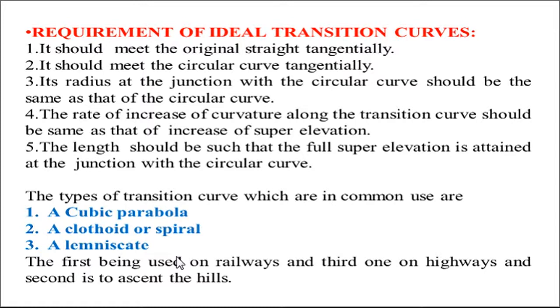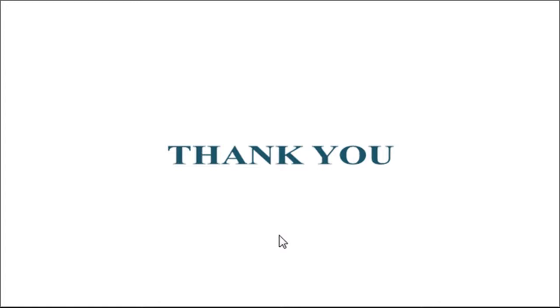The third one, the Lemniscate curve, is used on highways in plain areas, while the second curve, the cathoid or spiral curve, is provided on roads that climb the hills in hilly areas. So this is about the transition curve, the requirements of the transition curve, and the different types of transition curve. This is all for this lecture.